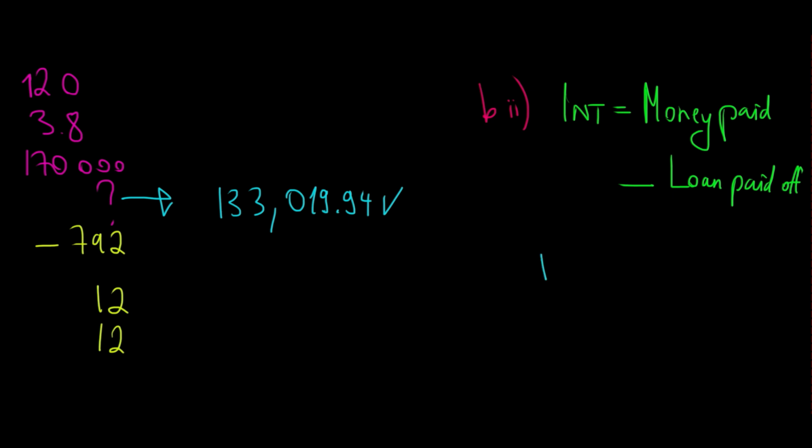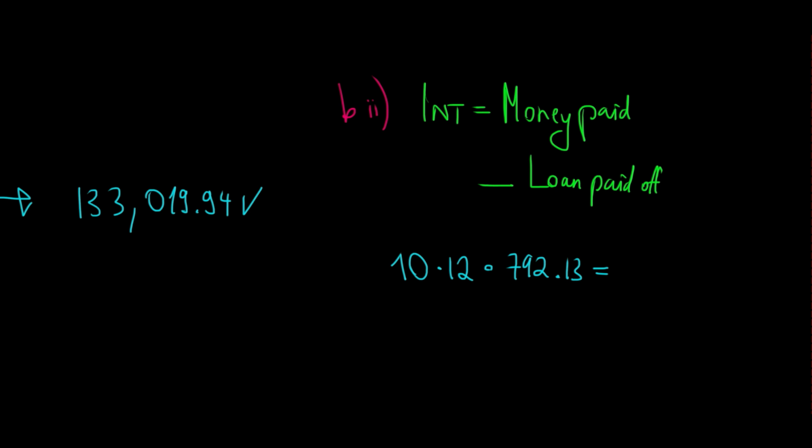You paid for 10 years, that's 10 years times 12 months, that's 120, times the monthly payment of 792.13, which was the exact value with the cents from the calculator, which would be roughly $95,055.60.